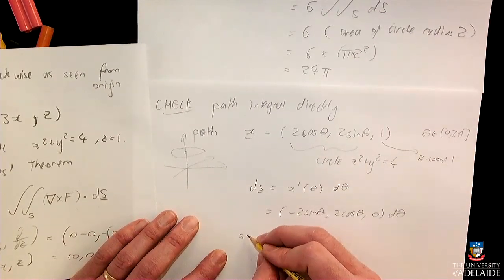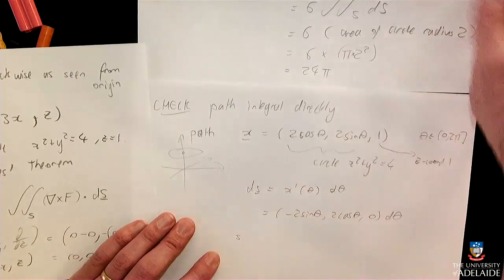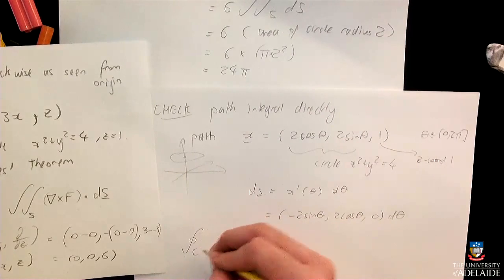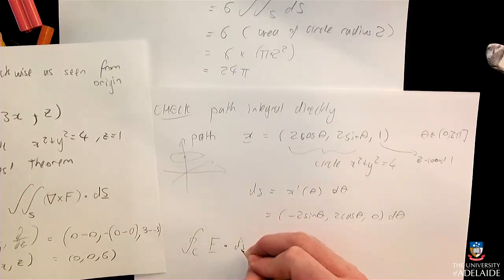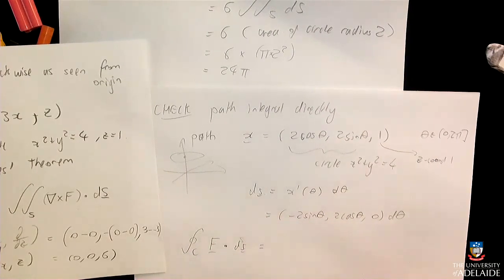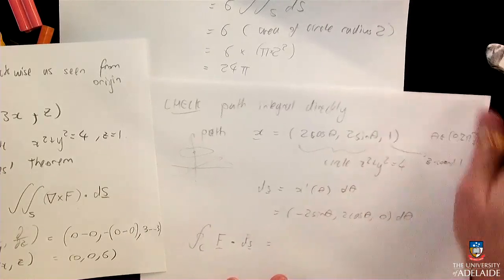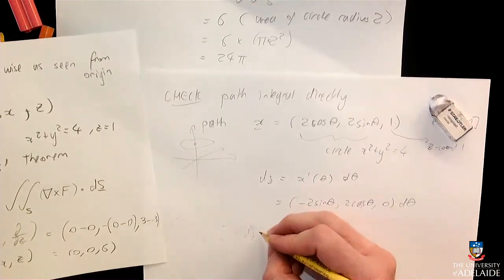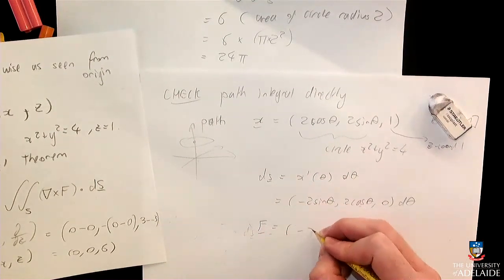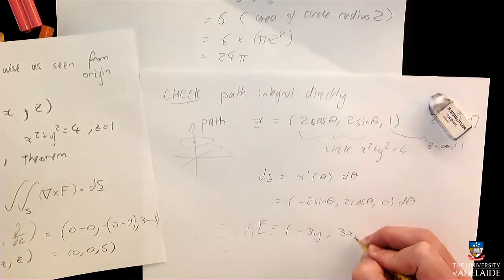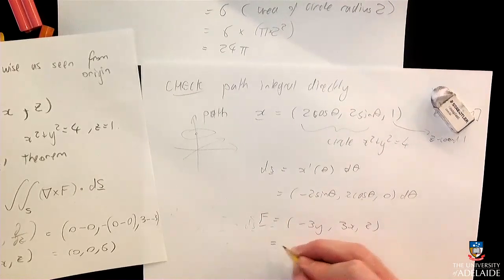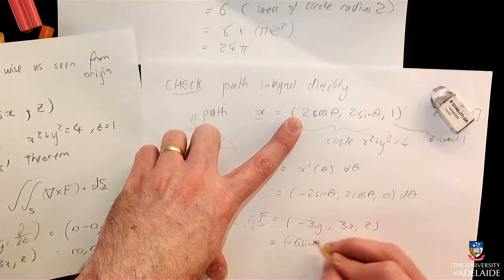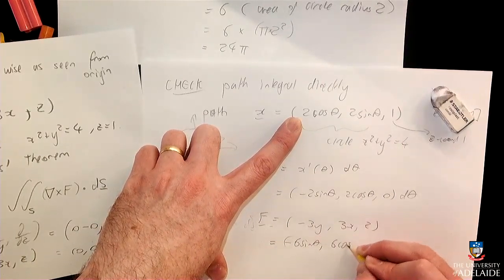And so the integral around C of f dot ds is, oh crap, just a second, almost there. I need to figure out what f is in terms of theta. Minus 3y, 3x, z, which is minus 6 sine theta, 6 cos theta, 1.